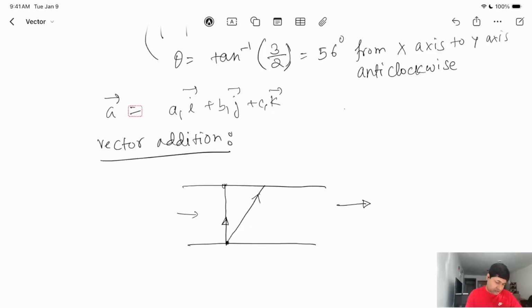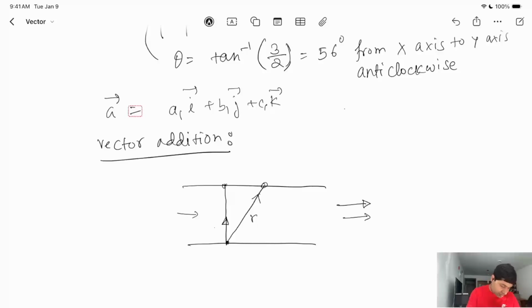Why? Because your direction was true north, but at the same time water was flowing in the x direction, towards east, and then you landed exactly at this point. That is your resultant vector, which we will calculate.